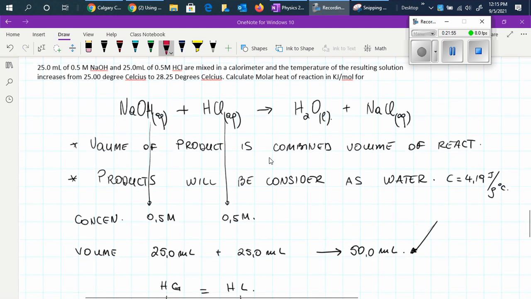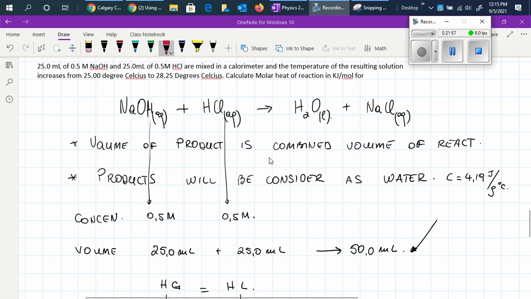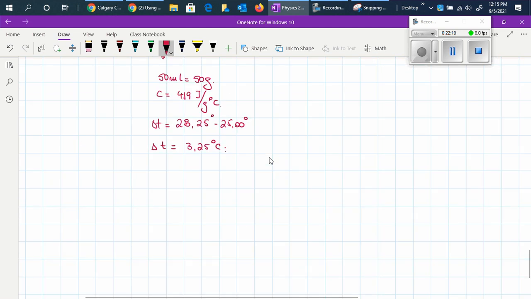If we start with a volume of sodium hydroxide, then we will have something like this.